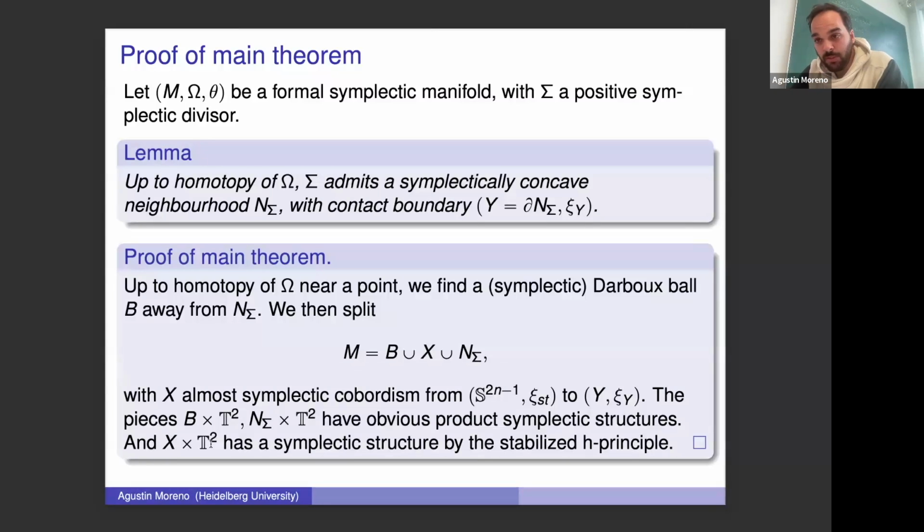After stabilization, okay. This is a sort of annoying thing, that this is only conformal near the boundaries, but in this case it's not an issue because I can always attach small Weinstein neighborhoods which correct for those conformal factors. So that's how the proof follows from the stabilized h-principle.